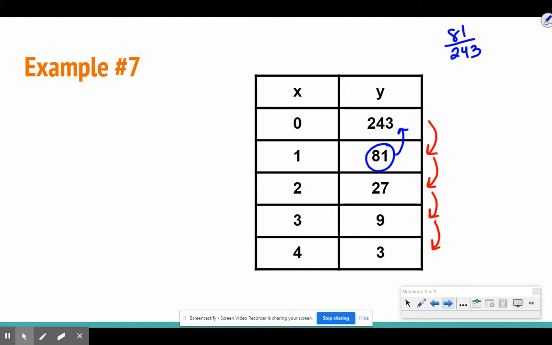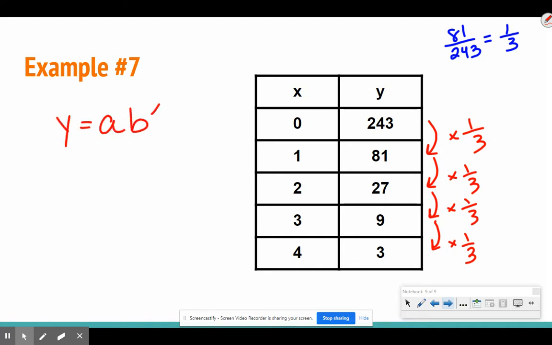When you look at that in your calculator, it should give you 0.333 repeating, which means 1/3. So technically, we are multiplying by 1/3 all the way down. That will give us a decreasing function. So I know since we're multiplying, we're going to have an exponential function.